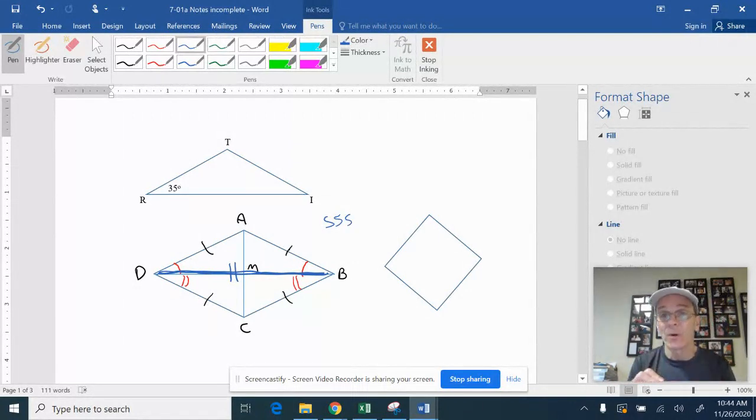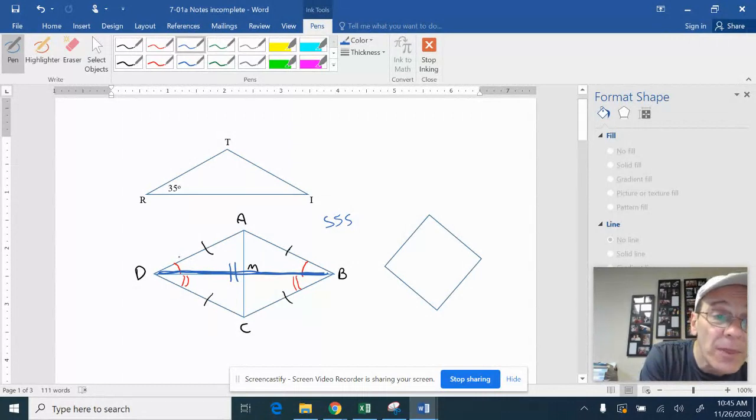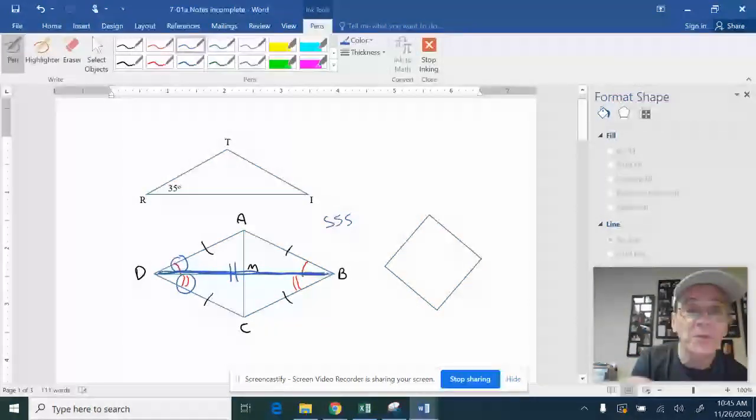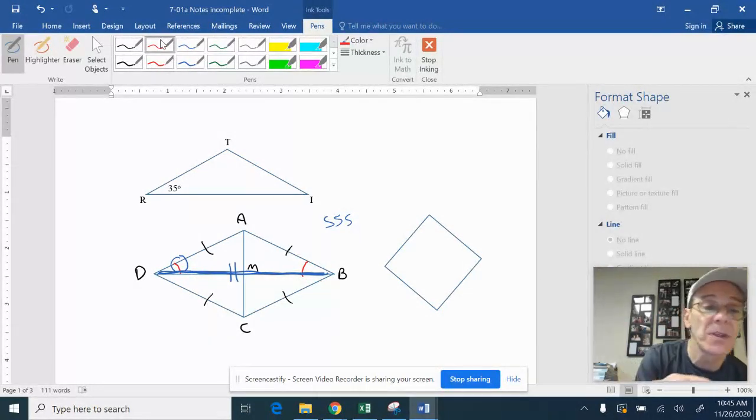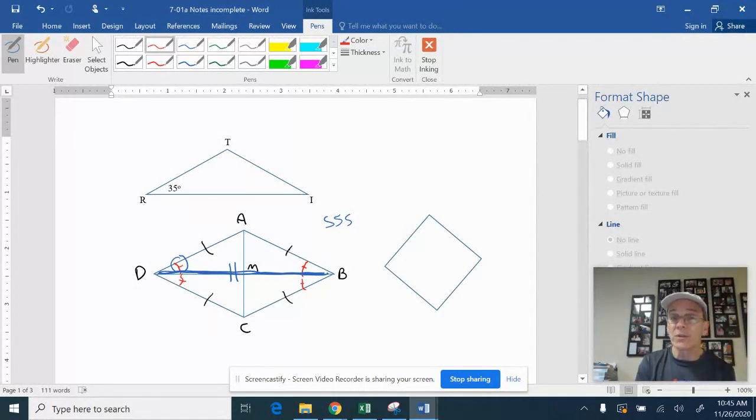And therefore, corresponding parts of those two triangles are congruent. And therefore, this angle from triangle DAB is congruent to this angle from triangle DCB. And so now I don't have to use different kinds of congruent marks for those two pairs of angles. I actually have all four of these angles, 1, 2, 3, 4. They're all four congruent to each other.